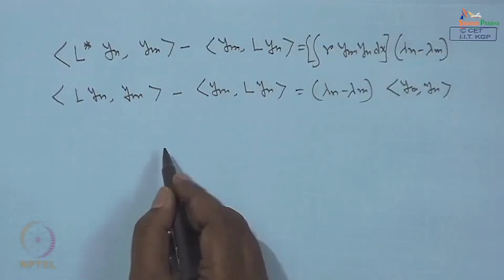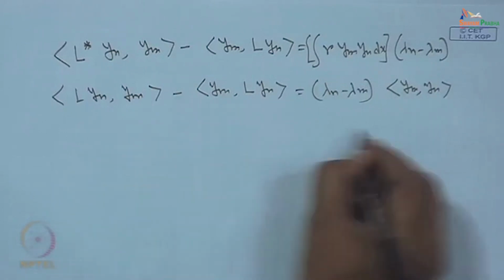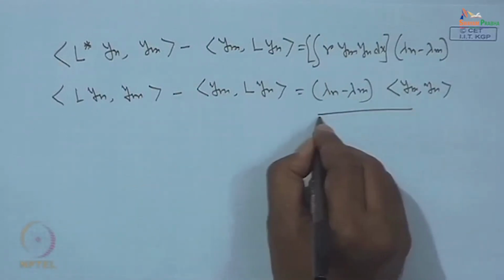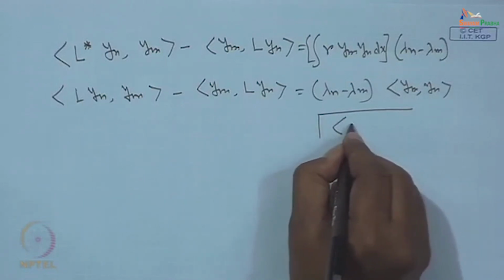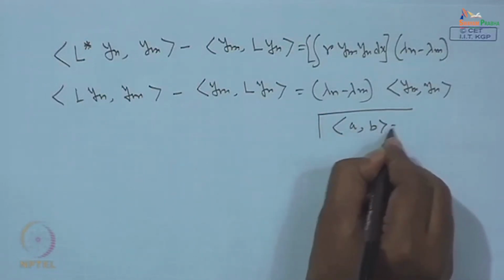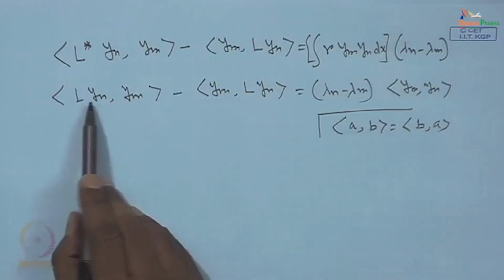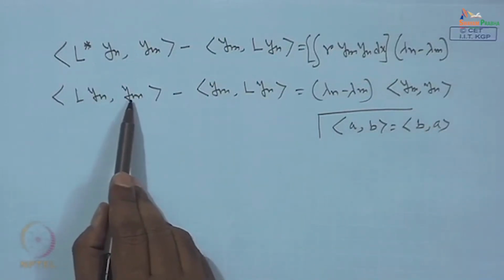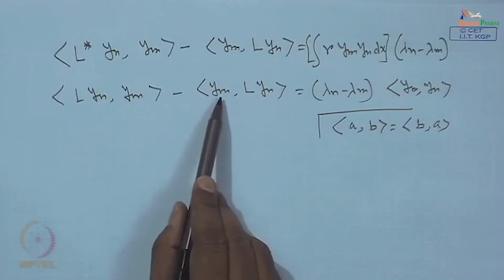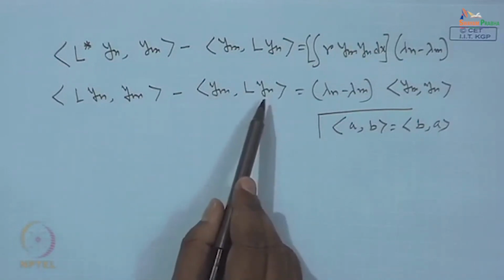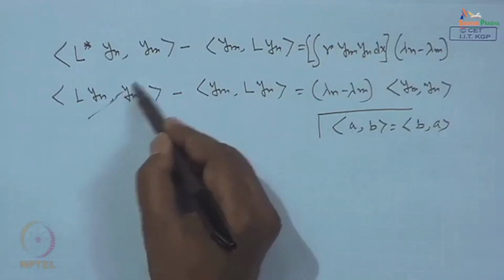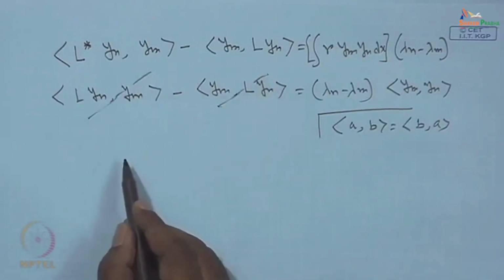We have already proved the relationship for inner products, that the inner product of A and B is equal to the inner product of B and A. Therefore, the inner product of L yn and ym is equal to the inner product of ym and L yn. These two are identical and will cancel out.